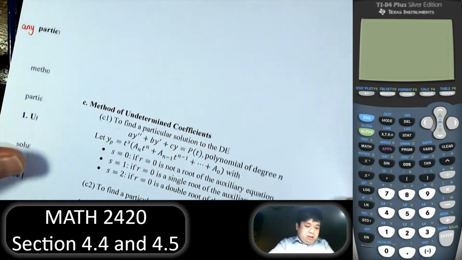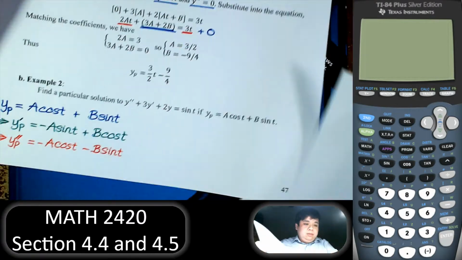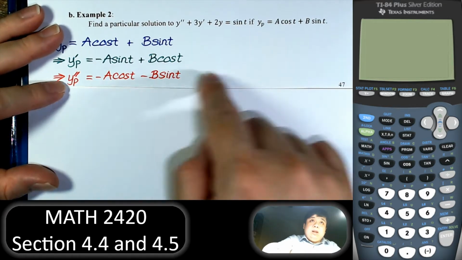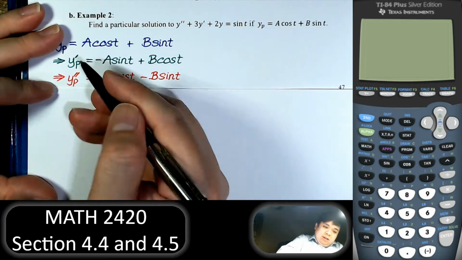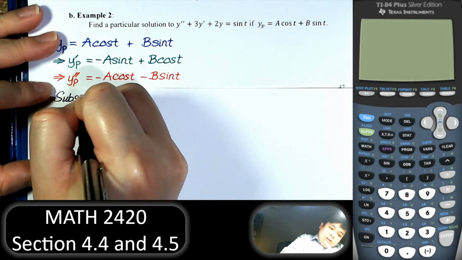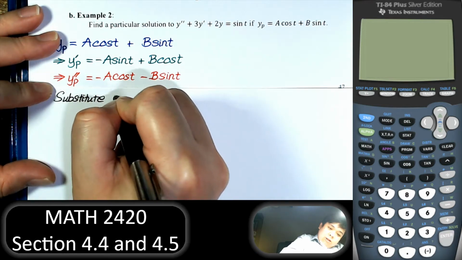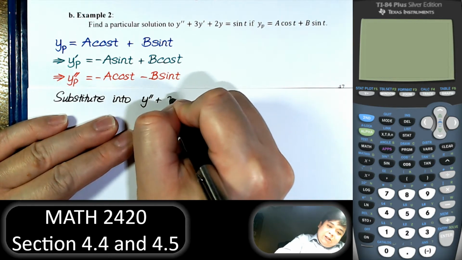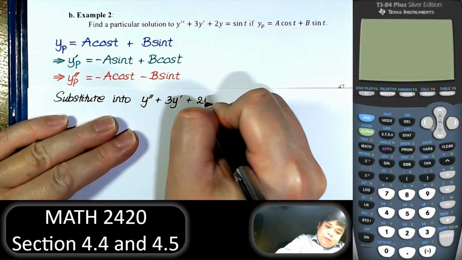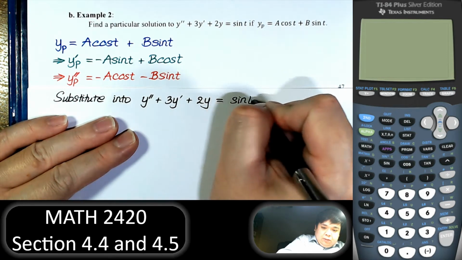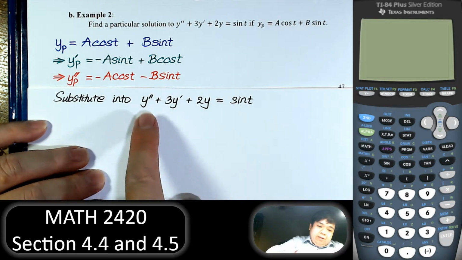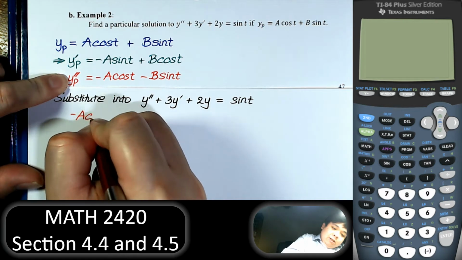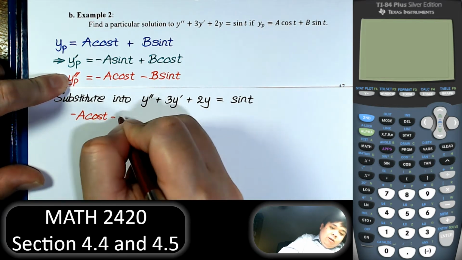Continue on the next page. So we substitute. I'm just going to copy the original equation. The second derivative is going to be negative a cosine t minus b sine t.